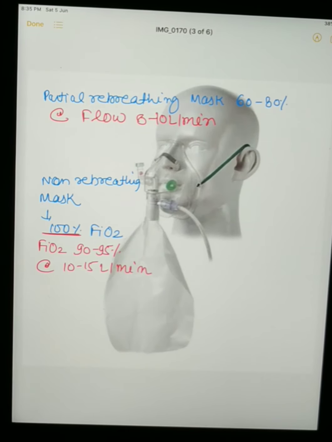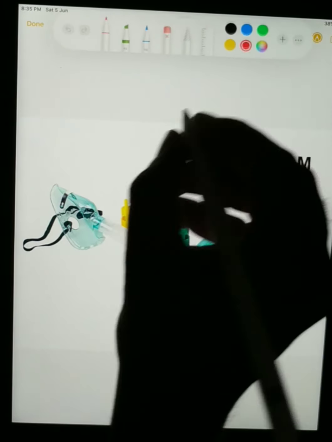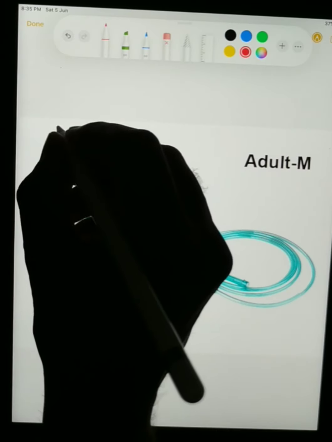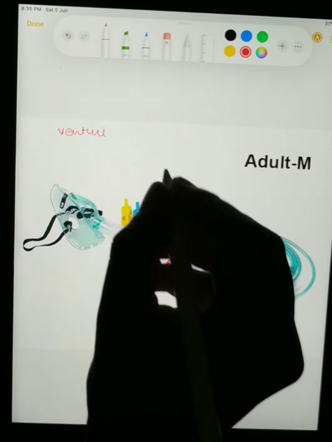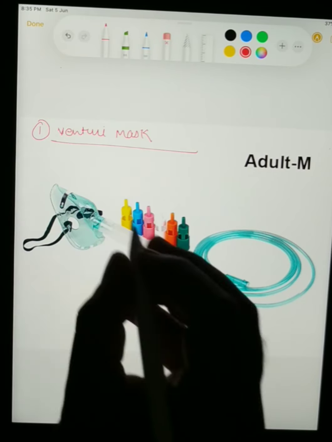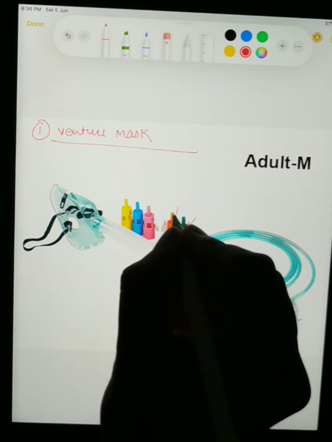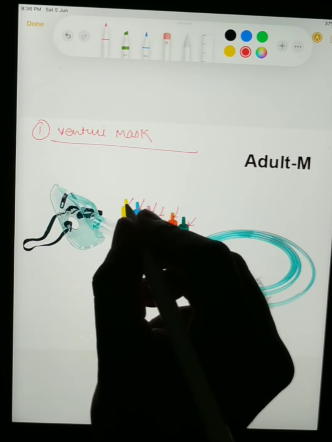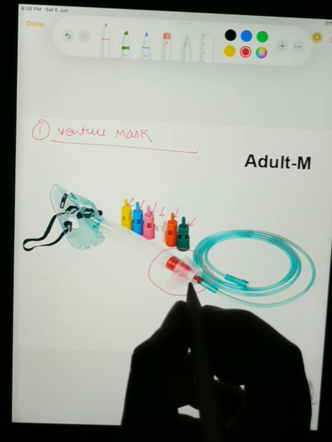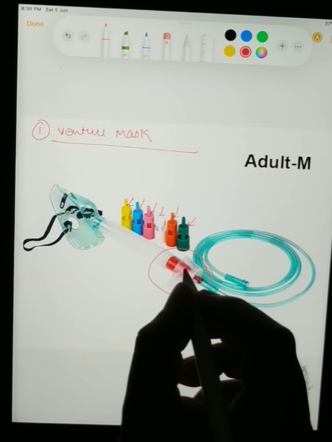Now we will see the high flow system. In the high flow system we have two options. First is the Venturi mask. Venturi masks come in multiple colors. We can attach the Venturi mask at the oxygen connector.